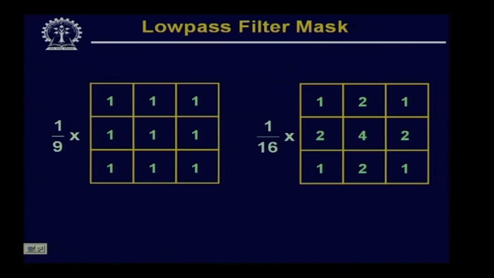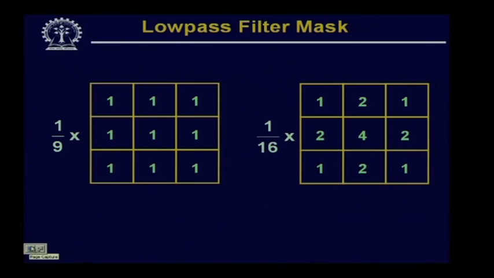And we have already said that if the frequency domain filter becomes very narrow, it will attenuate even the low frequency components, leading to a blurring effect of the processed image. Correspondingly, in the spatial domain, the mask size will be larger, and we have seen through our results that if I use a larger mask size for smoothing operation, then the image gets more and more blurred.